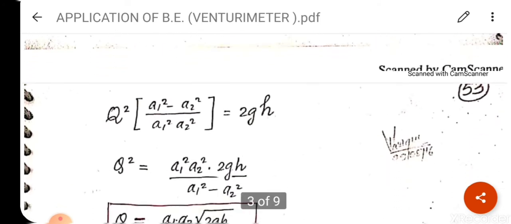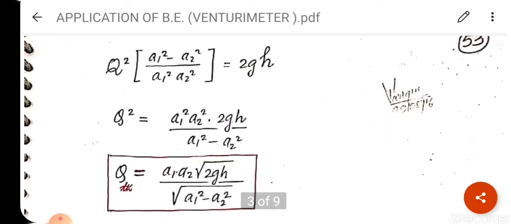Now taking Q square common, what will the remaining part be? After taking LCM, you will get Q square times A1 square minus A2 square upon A1 square into A2 square, bracket close, is equal to 2GH. What did I do? I took Q square common and took LCM of the remaining part. So finally we will get Q square is equal to A1 square A2 square into 2GH upon A1 square minus A2 square.